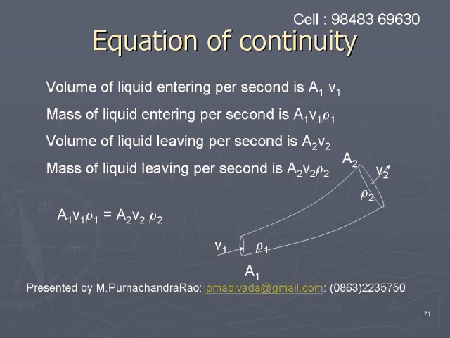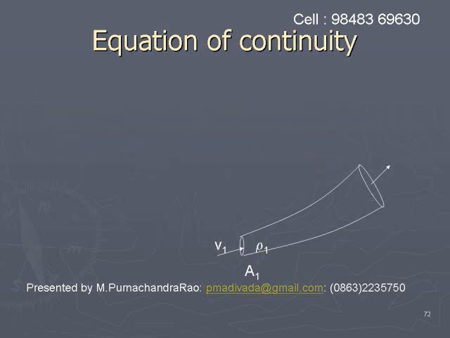Equation of continuity. When a fluid is flowing in a steady state, the mass flow rate in a tube of flow is constant.